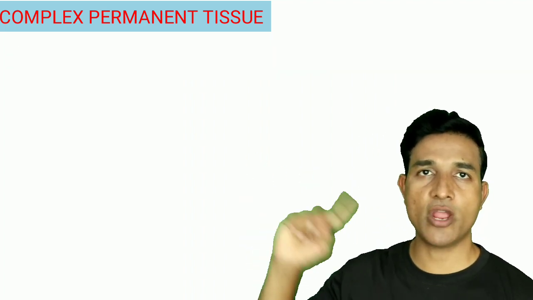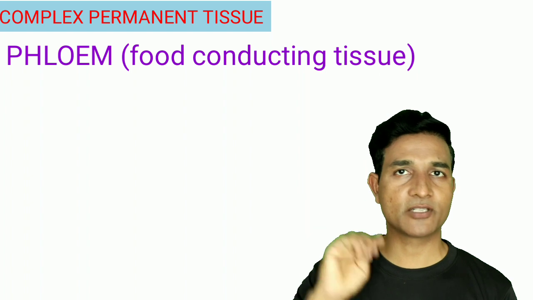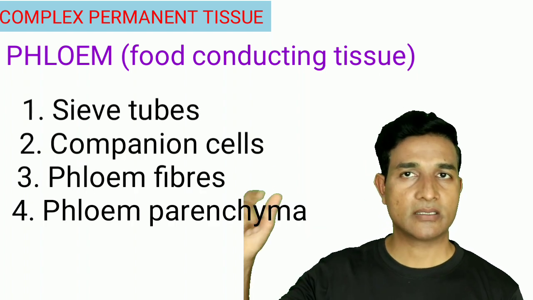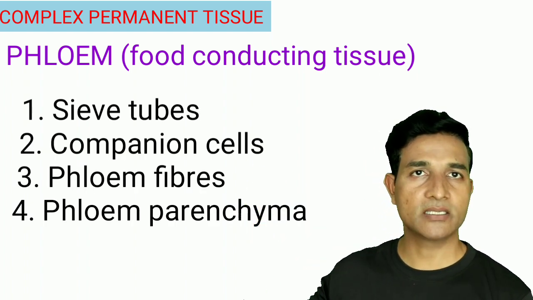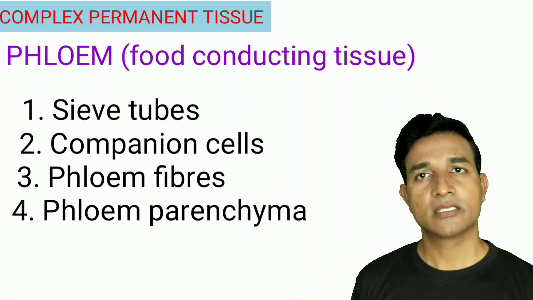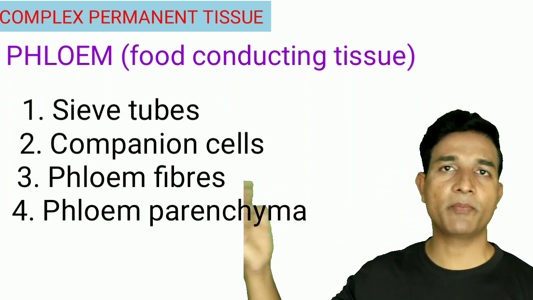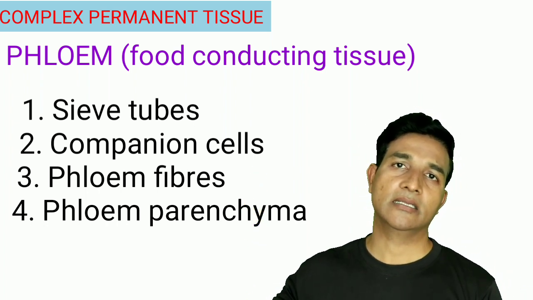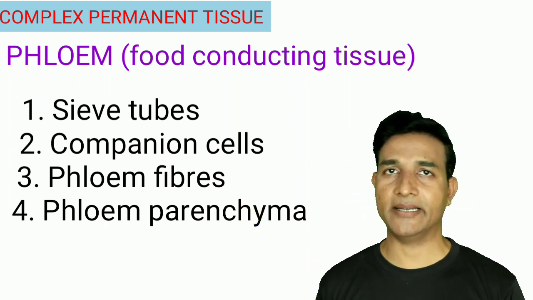The next one is phloem. Phloem is made up of four types of cells: sieve tubes, companion cells, phloem fibers, and phloem parenchyma. Sieve tubes, companion cells, and phloem parenchyma are living, and the phloem fibers are dead.